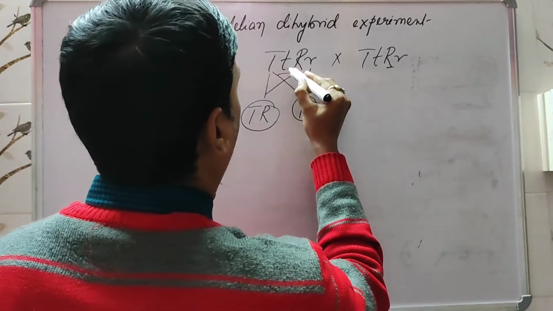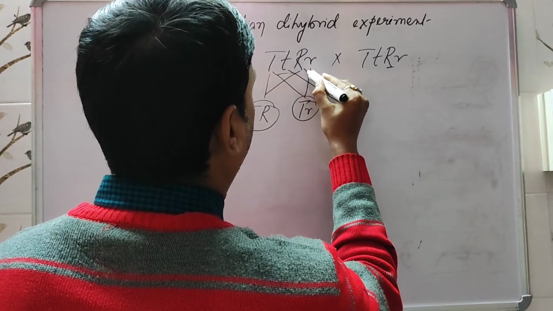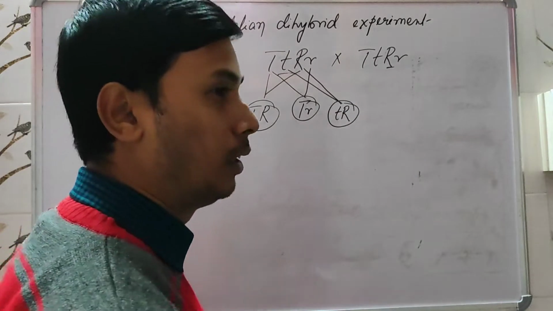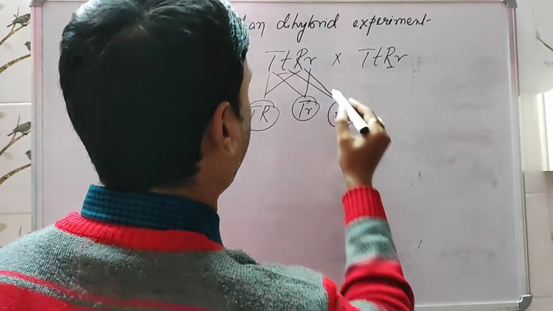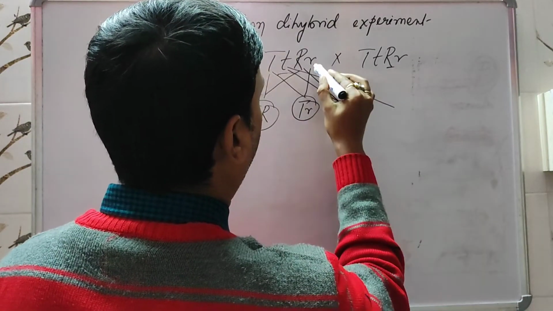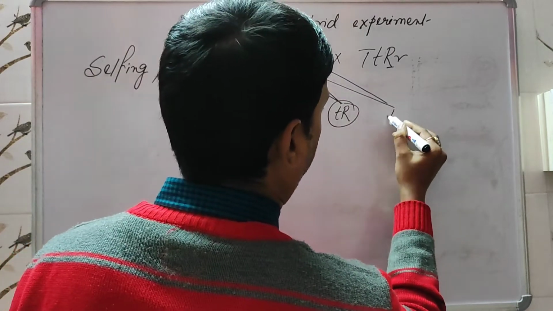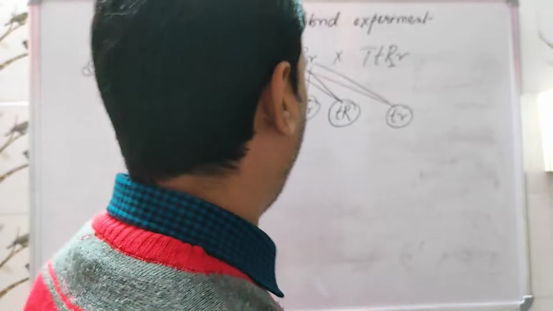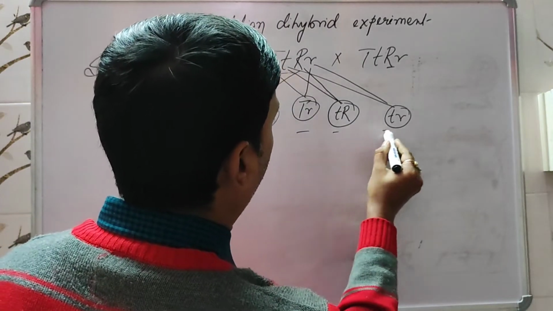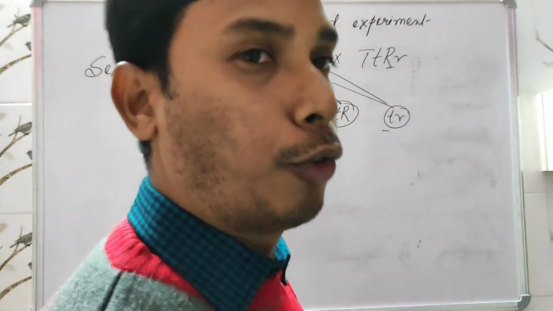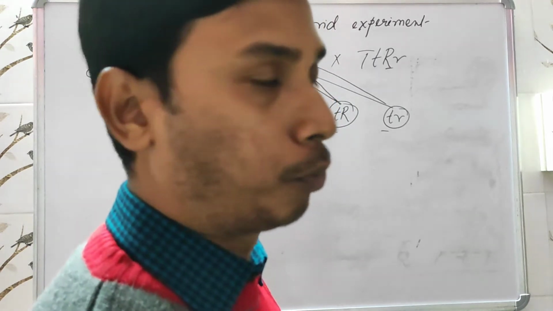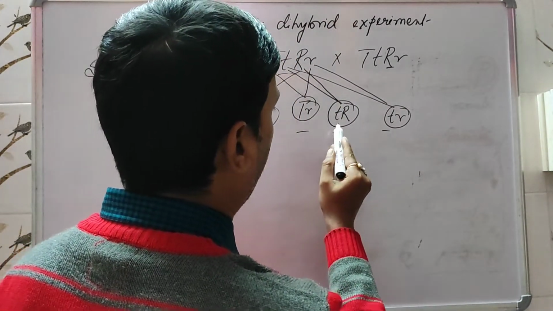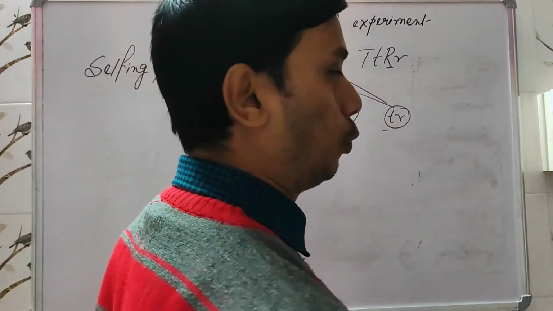Or small t comes with capital R, small t capital R. This is another possibility. Or small t comes with small r, small t small r. This is the fourth possibility. So these are the possible combinations of gametes we can obtain from the F1 generation: capital T capital R, capital T small r, small t capital R, or small t small r.